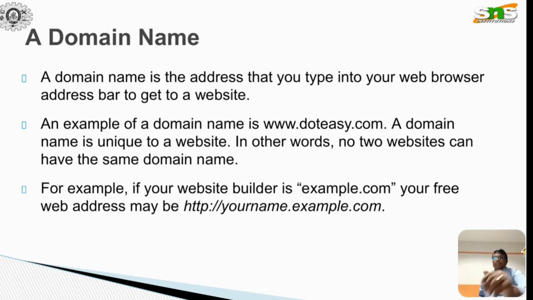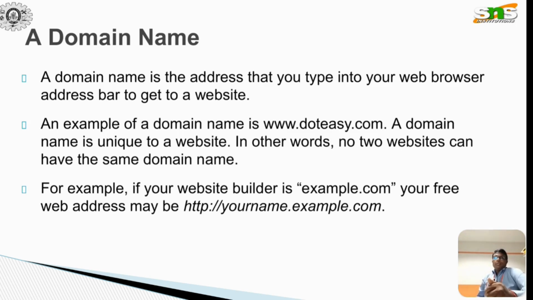Now, before that, we should know what we mean by domain names. A domain name is, simply speaking, an address. Like we have addresses for our homes and institutions, websites have addresses on the internet.